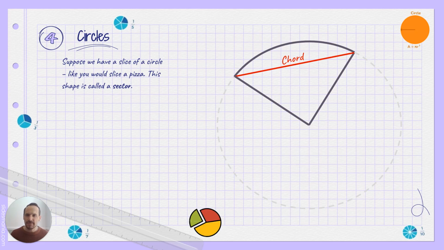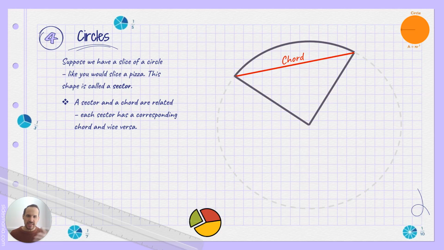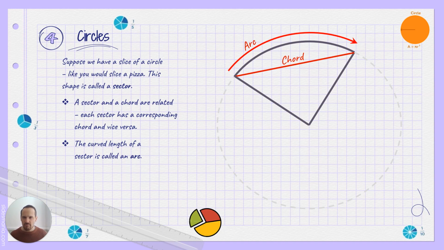That's essentially what it is. And then we have this curved length here. We'll look at how we measure this distance. It's what's known as an arc. It's basically part of the circumference, just this little slice.